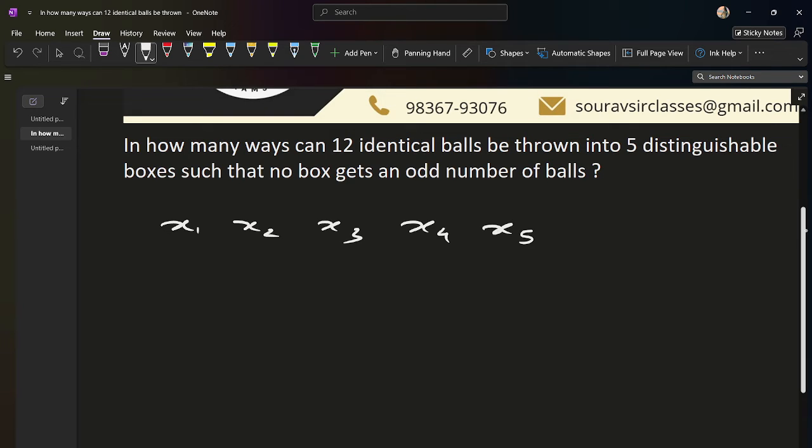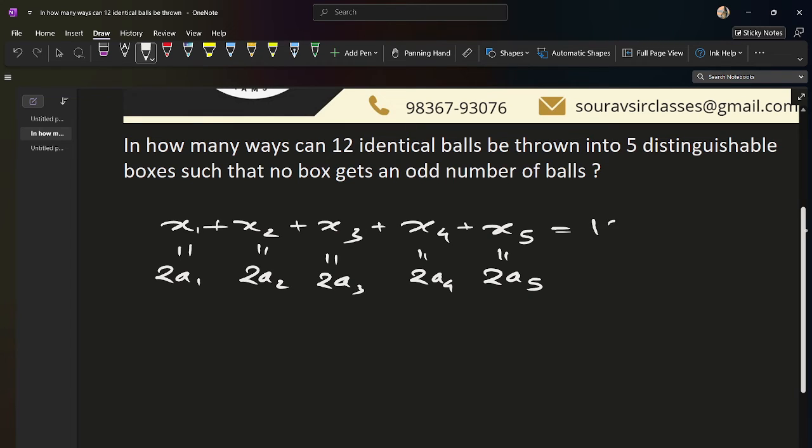Since no box gets an odd number of balls, all of these will be even numbers: 2a1, 2a2, 2a3, 2a4 and 2a5. We know that there are 12 identical balls, so x1 plus x2 plus x3 plus x4 plus x5 will be equal to 12, so these things will also equal 12.